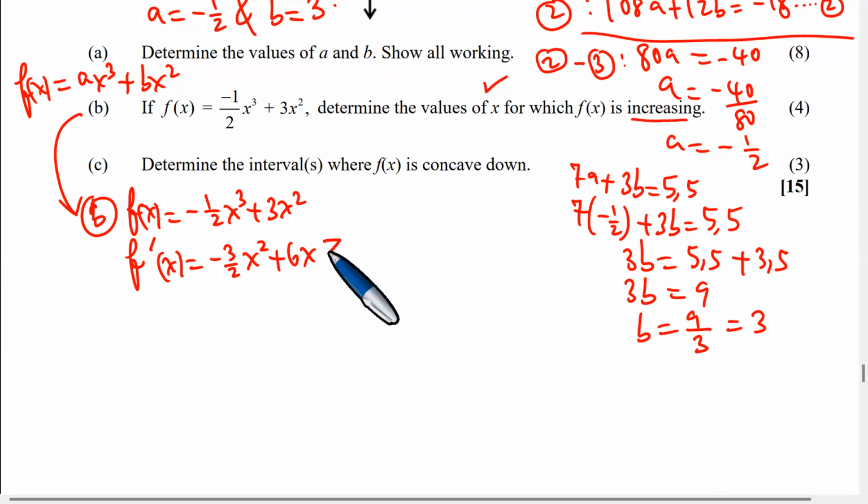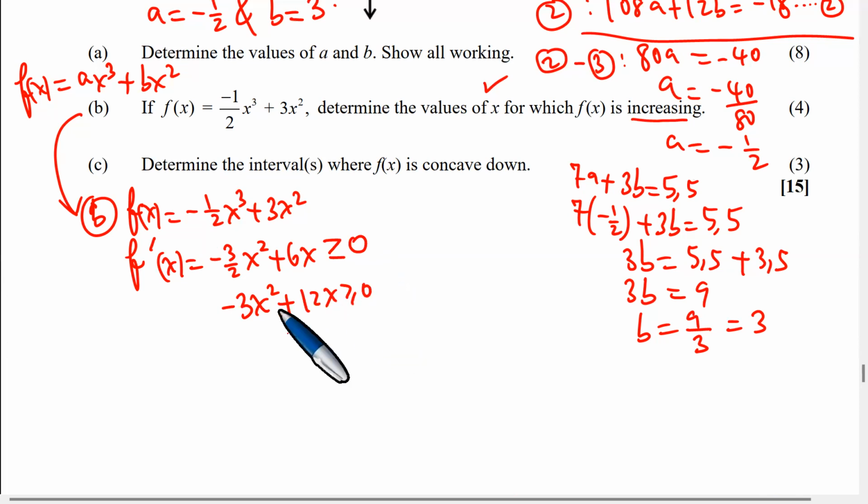Increasing means the derivative is greater than or equal to 0. You multiply through by the 2, positive, which means you have 3x squared, 6 by 2 is 12. x is greater than or equal to 0.